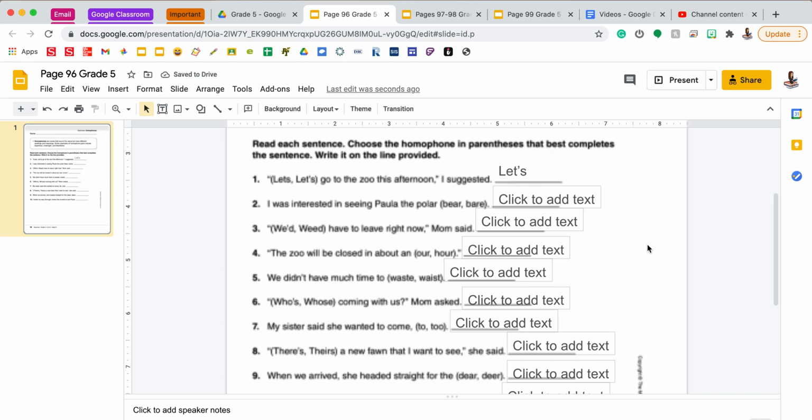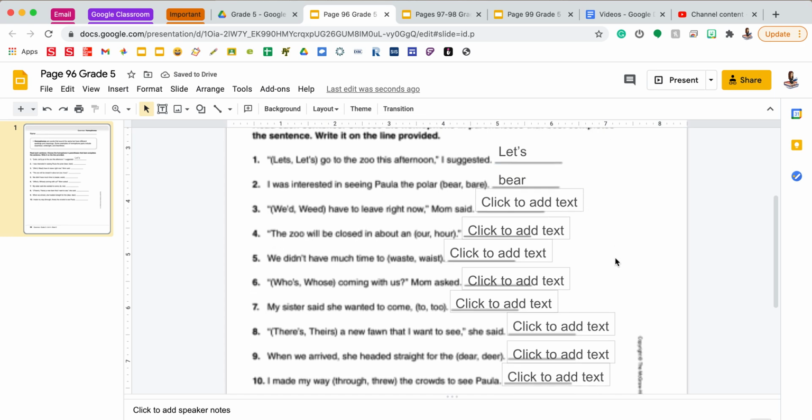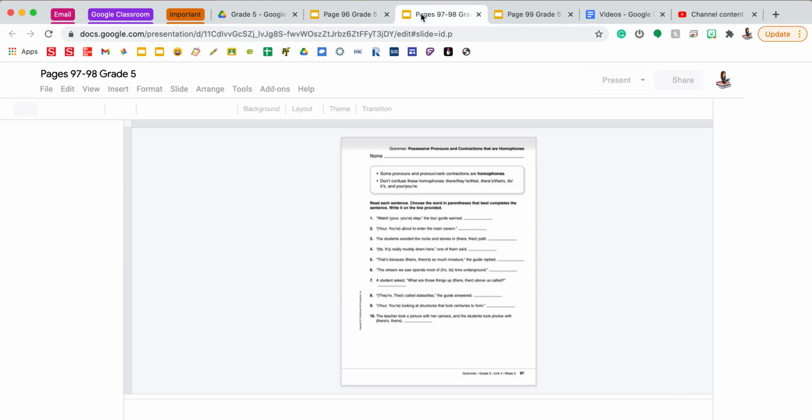Number 2 says, "I was interested in seeing Paula the polar bear." I have bear as in the animal with B-E-A-R, and then I have bare with B-A-R-E, which means something very plain and simple. Because it is an animal, I'm going to choose B-E-A-R. You will finish this page with the same directions.